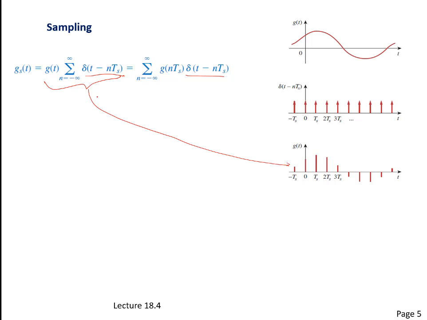All we're observing is, wait a minute, if this is sampled, the only thing I care about is the value of g at these individual times, g of t at n tau s. If I've only got a bunch of samples and they're subject to n, then just gather them inside. So it's just a way of rewriting it, okay?